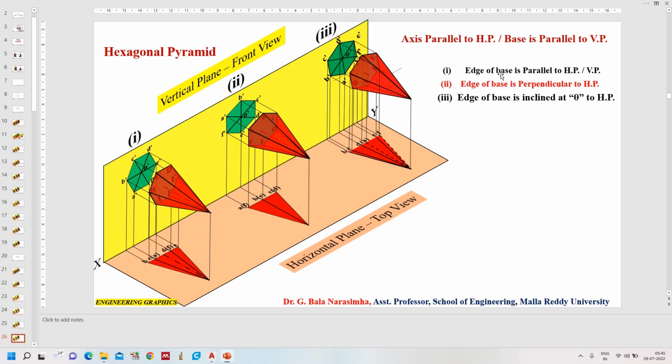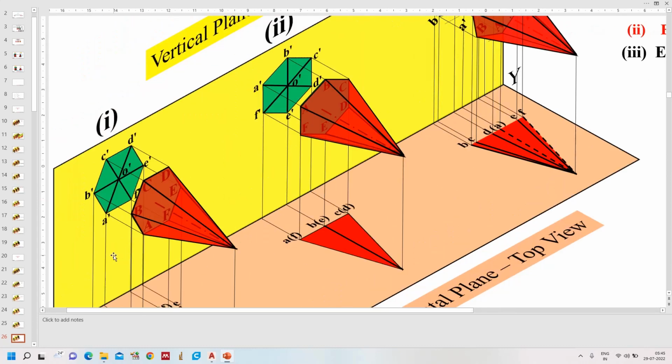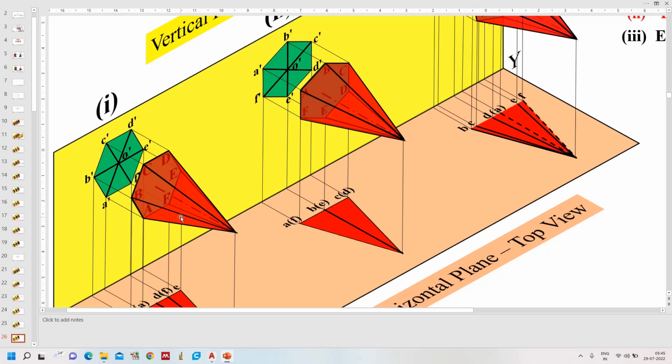First condition: the edge of the base is parallel to the horizontal plane and vertical plane. It is a hexagon having six sides or edges. Among these, a side is parallel to the horizontal plane or vertical plane. If you see carefully here, among these six edges, the edges AF and CD are both parallel to the vertical plane as well as the horizontal plane.